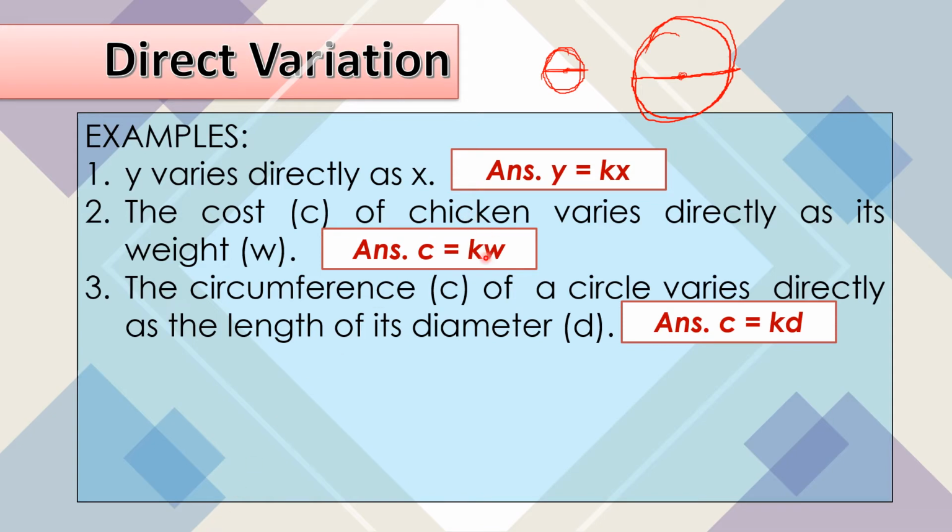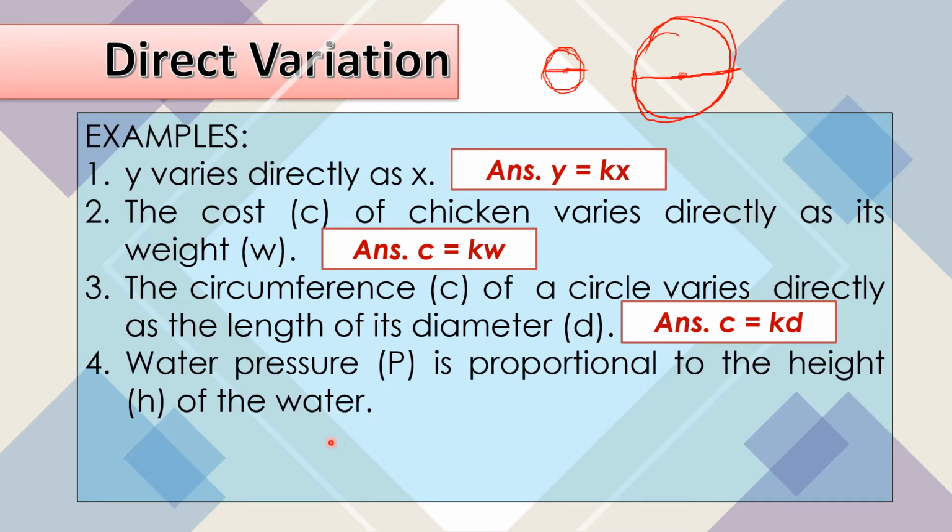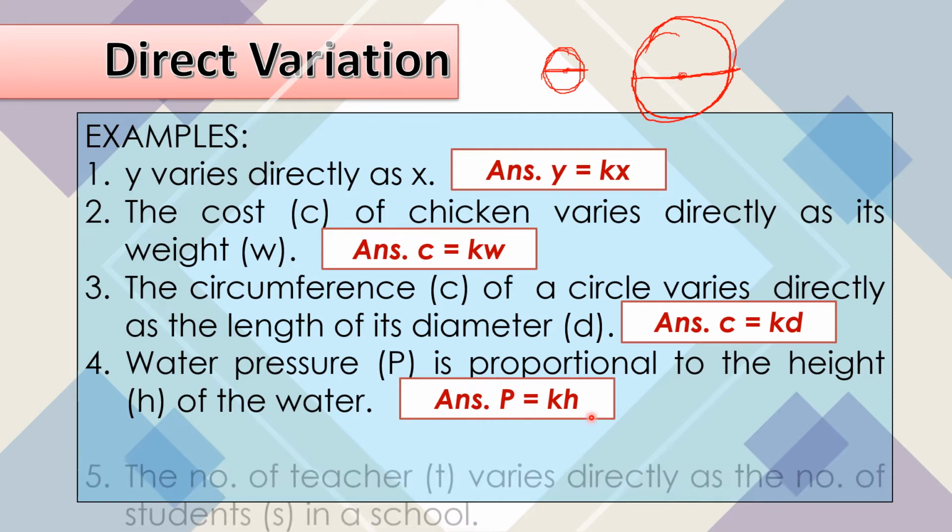Since yung ating given letter is C and then D, C daw varies directly as the diameter. Then, the water pressure P is proportional to the height of water H. Okay, pansinin, meron tayo ditong P na malaki. So, syempre, capital P yung gagamitin natin. Then equals kH.